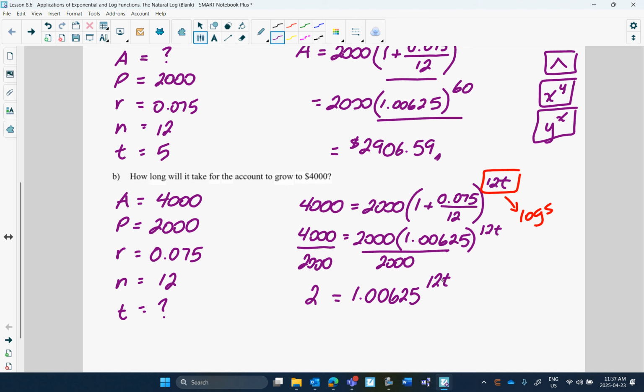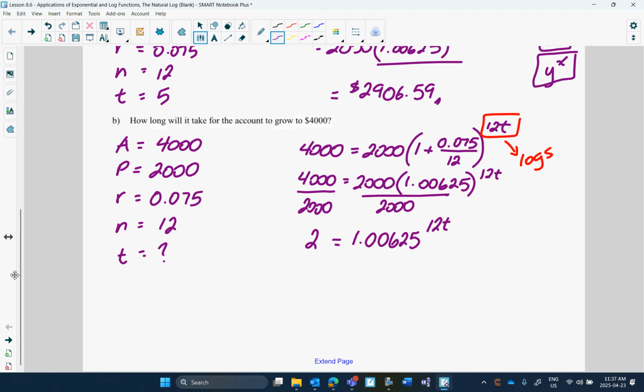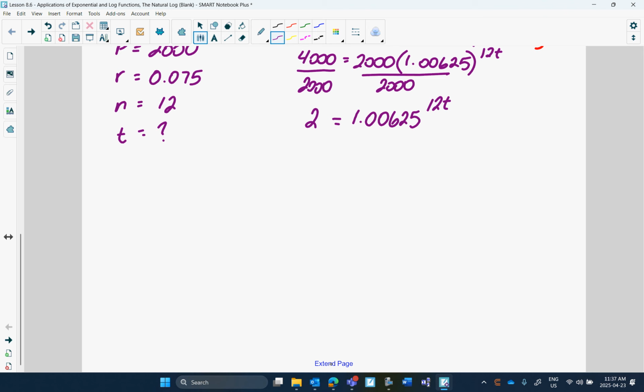Somehow, we have to bring this T down in front of it, instead of it being in the exponent. Remember how to do that? I need to log both sides.